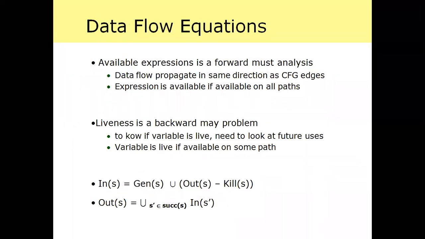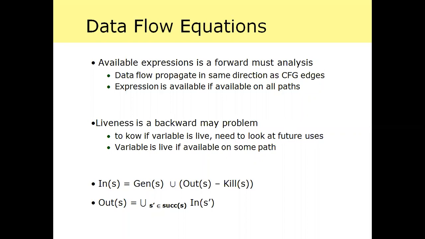And here we have the data flow equations. With these data flow equations, we perform the computations of each and every property for the data flow analysis. Up to now, I explained two properties: one is available expression and another one is liveness. Available expression is a forward must analysis, and liveness is a backward may problem.